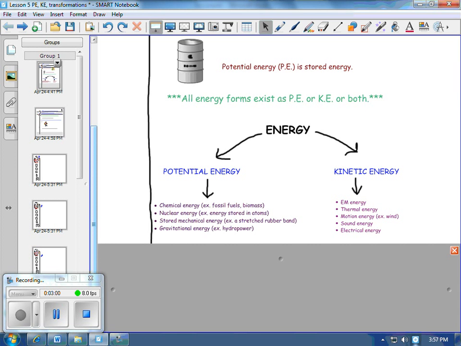Motion energy, for example, wind, the windmills that we get energy from. Sound energy, we learned that sound moves in longitudinal waves. So you know that moving things, again, making the connection to kinetic if it's moving. And electrical energy. We touched on that when we talked about the electrons moving through cords. Electricity is electrical energy, the movement of the electrons.